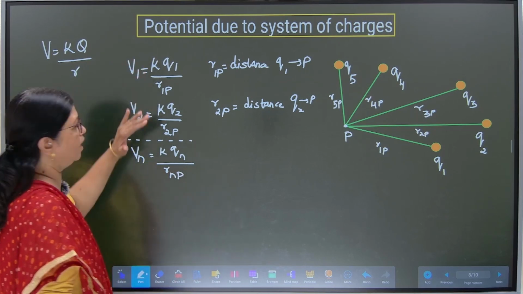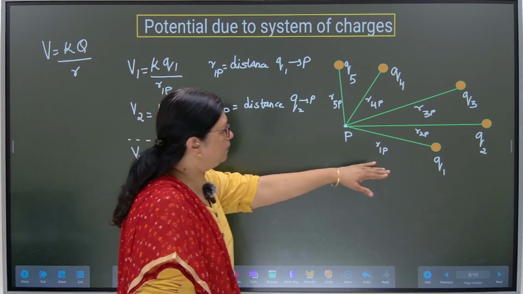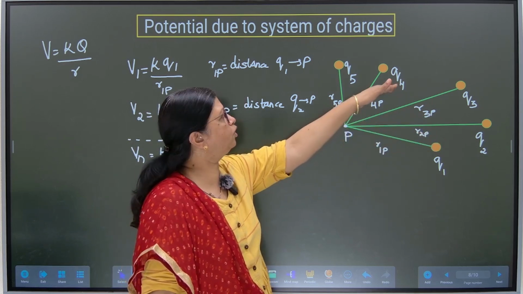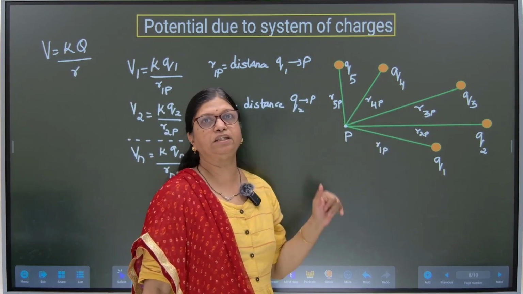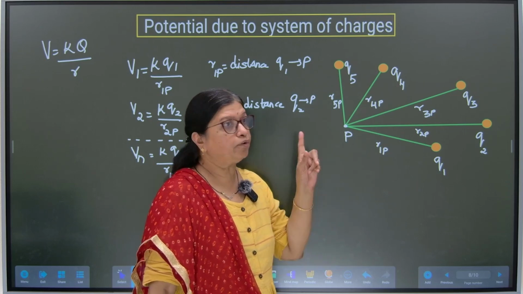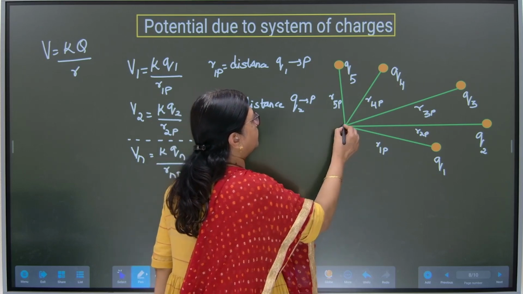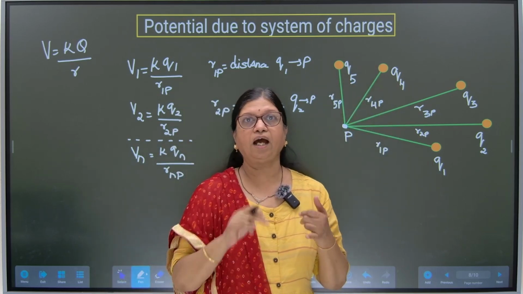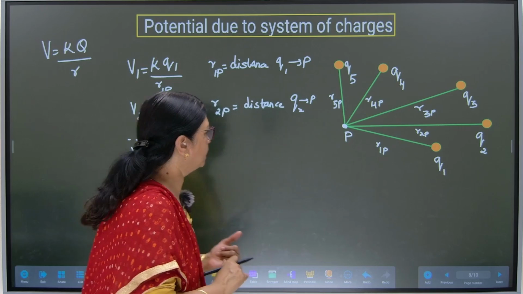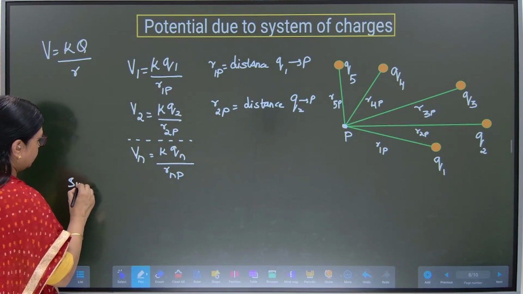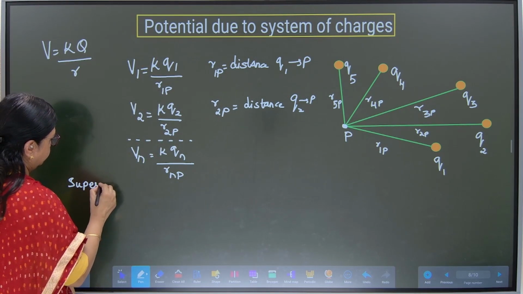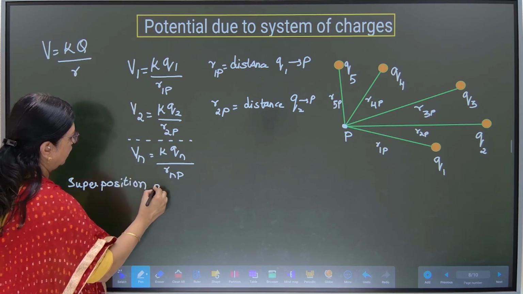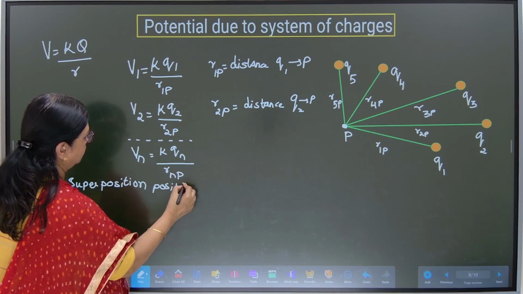Okay, so these are the individual potentials due to individual charges Q1, Q2, Q3, Q4, so on, Qn at the point P. Now, for finding out the potential at the point P due to this configuration of charges around it, I have to use the principle of superposition, which we have used even in the previous chapter number 1.